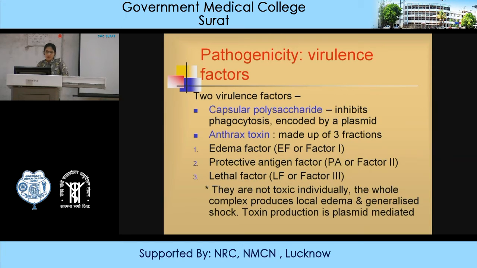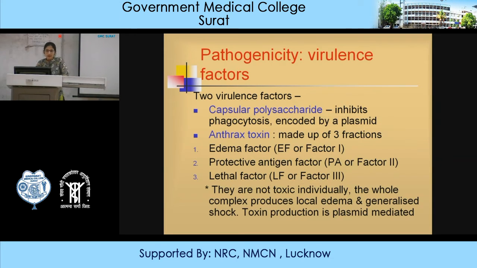It is the sticky, mucus-like secretion of the bacillus itself, and it produces a capsule. This capsule inhibits phagocytosis. So whenever this type of bacteria enters our body, what will happen? Our immune system, our soldiers, are activated and try to engulf this.